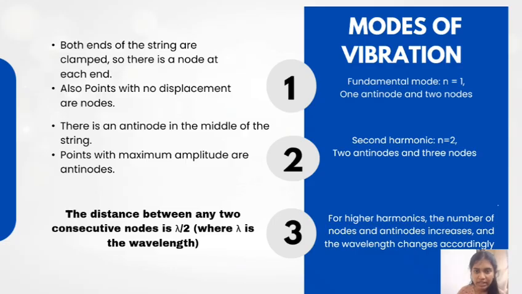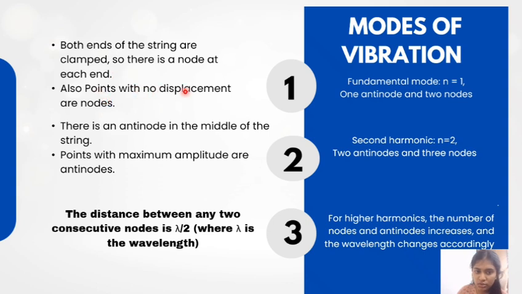The string can vibrate in different modes, so the modes of vibration are the next topic. The modes are the fundamental mode, the second harmonic, and higher harmonics. In the fundamental mode, one antinode and two nodes are formed. The antinode is formed at the middle, and the nodes are formed at the ends of the string.